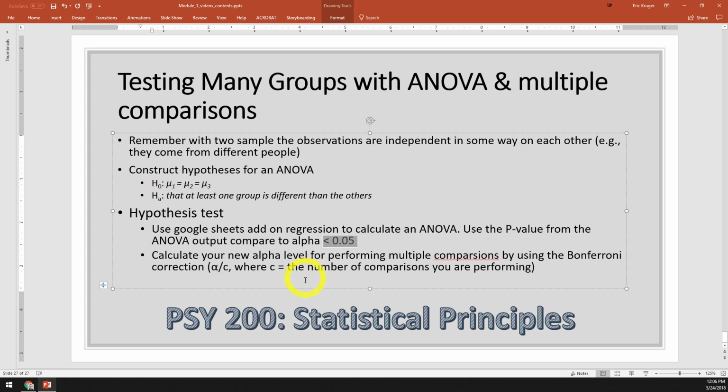Instead of using this 0.05, we're going to divide that alpha by the number of comparisons that we actually want to make. And so with three groups, the maximum amount of comparisons we could make would be 3, and let's say we wanted to compare group 1 to group 2, group 1 to group 3, and group 2 to group 3. That's all 3 comparisons. Then our alpha of 0.05 would be divided by 3, and we get a value of approximately 0.017.